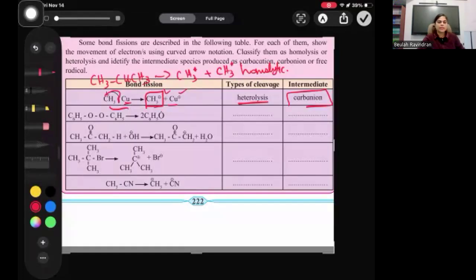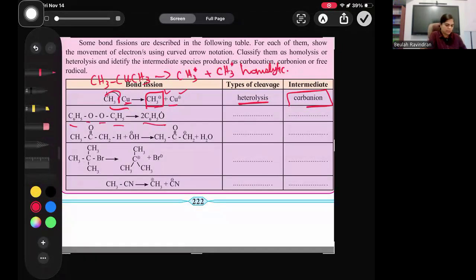So we'll see the next one. What is given: C6H5 O C6H5. It gives two C6H5 here, one dot. Okay, what type of reaction is it, or what type of cleavage is it? So that is the question.